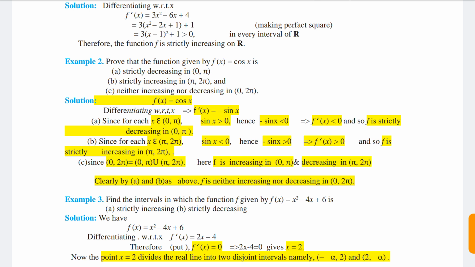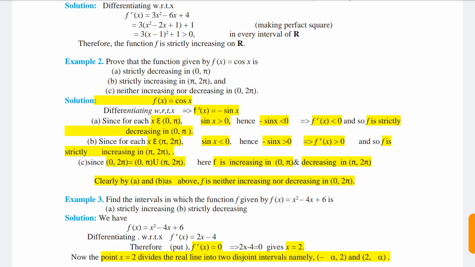Now the third case, 0 to 2 pi. 0 to 2 pi is the union of 0 to pi and pi to 2 pi. And here we see that in the interval 0 to pi the function is decreasing, and in the interval pi to 2 pi the function is increasing.